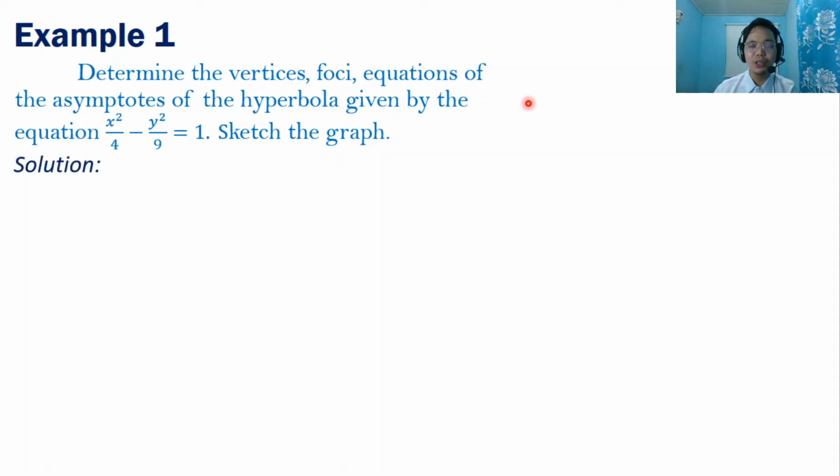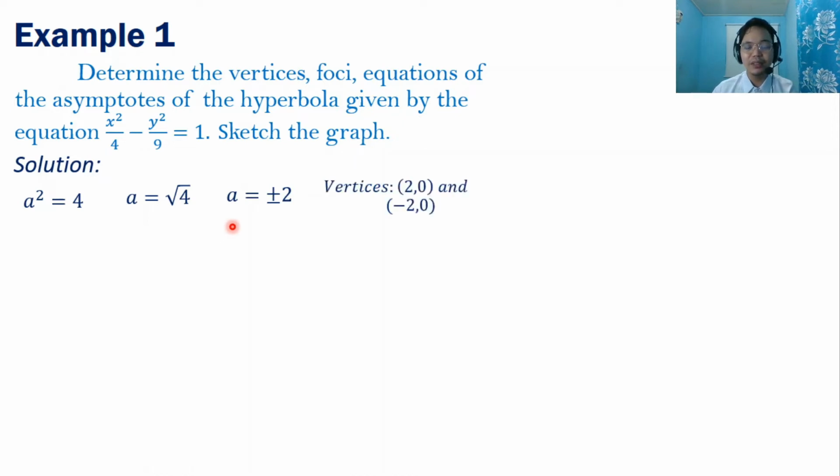So for our solution, of course, our center is found at the origin kasi kita na natin doon sa standard equation pa lang. So we're going to solve first the a squared. So what is the value of a? So a is equal to square root of 4 and a is positive negative 2. So kung nasaan ang ating transverse axis, doon magkakaroon ng changes.